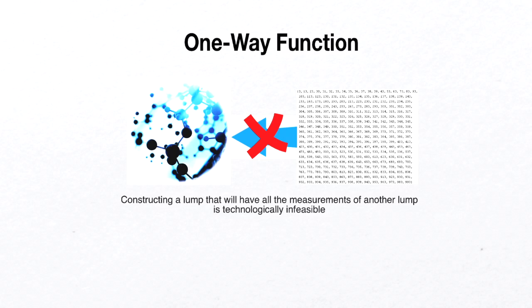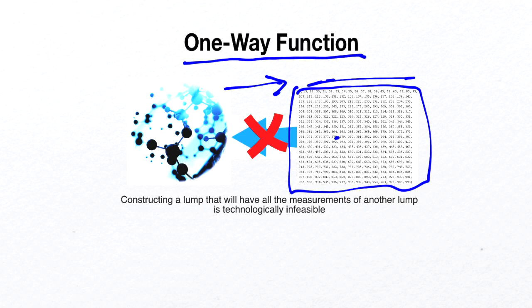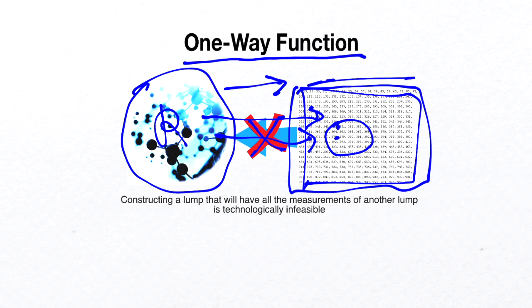The process of extracting data from the rock is a one-way function, namely, given the set of measurements and even the position of the poles and the ports from where they were read, we don't have any technology today that will construct a rock that will fit a set of measurements. So, given the rock, we can extract measurements. Given measurements, we cannot extract a rock.